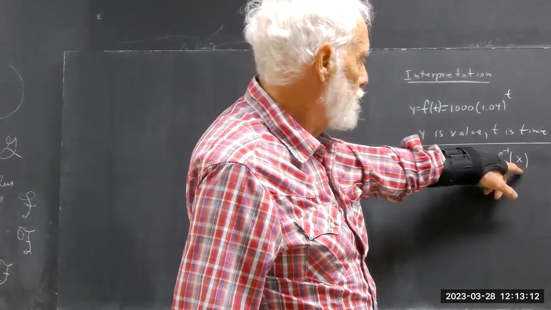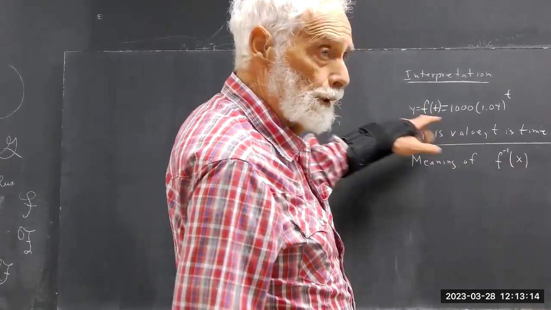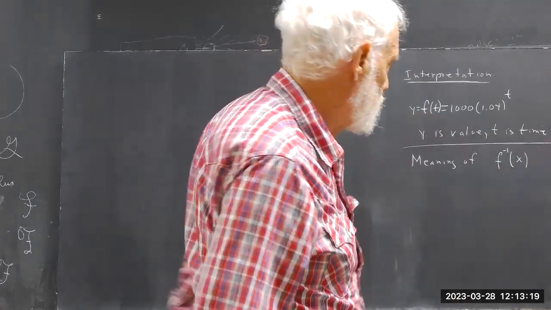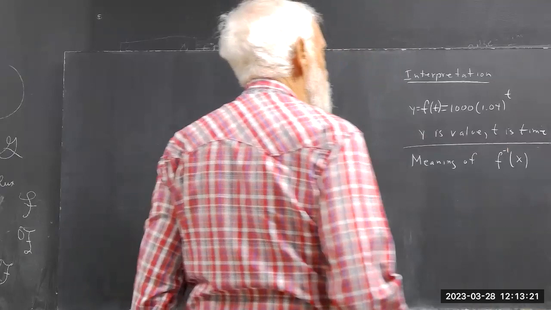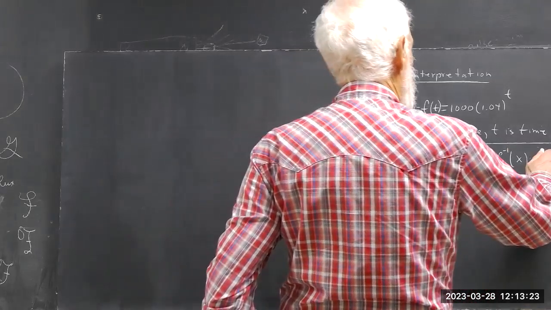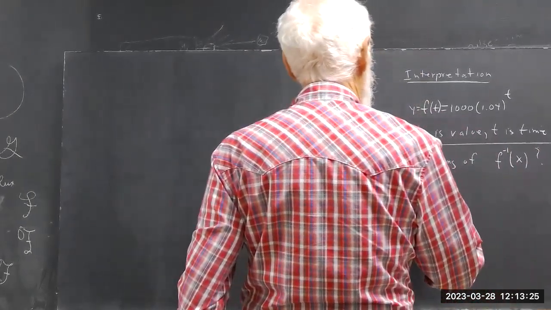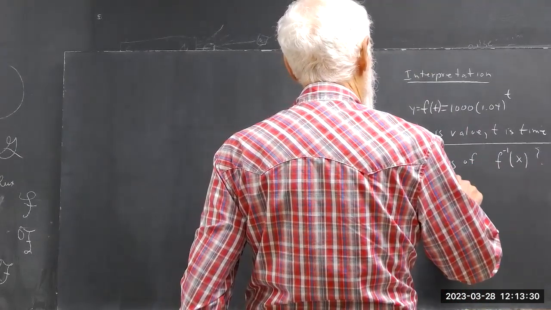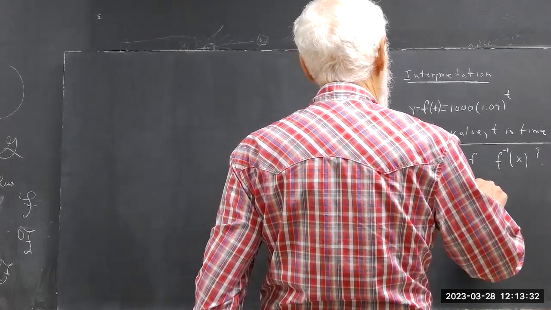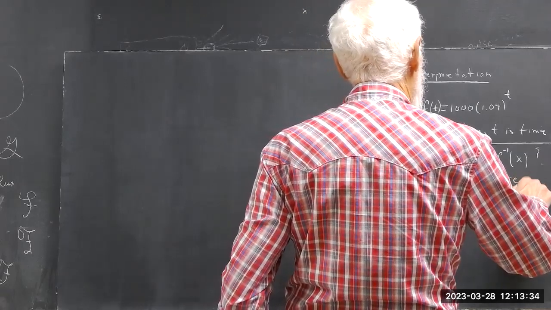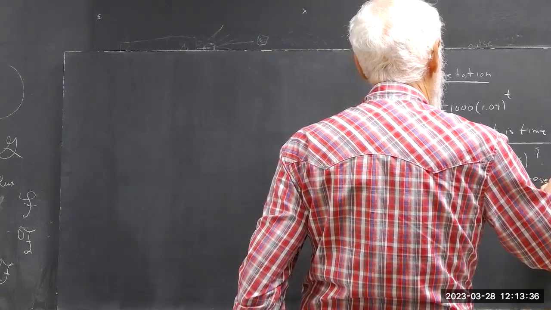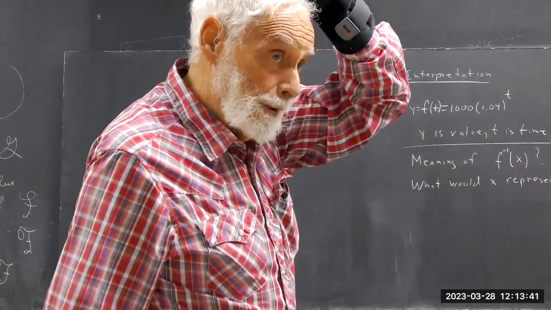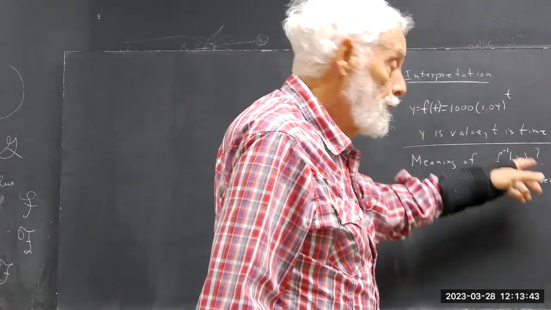I'm just going to call this F inverse of X. There's no X here. The question then is, what would X represent if this is the inverse function?